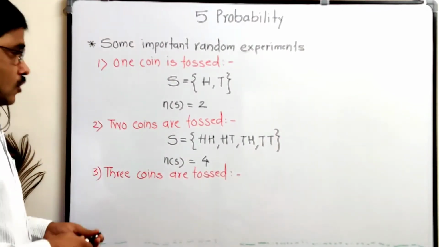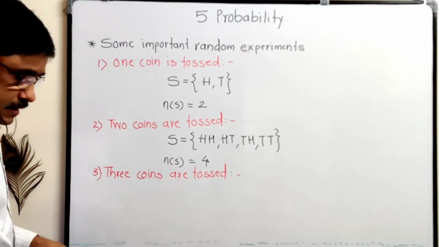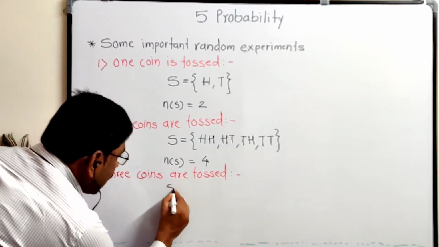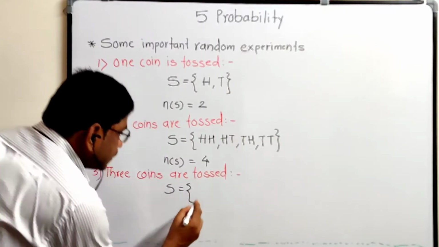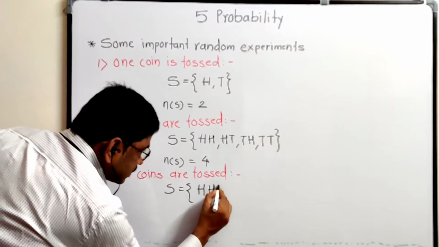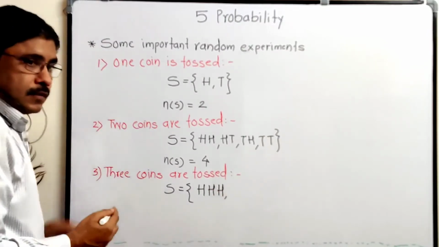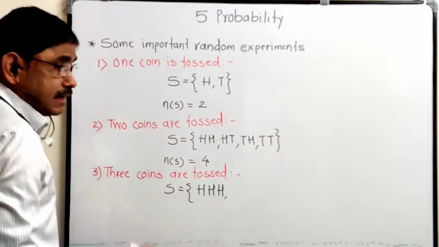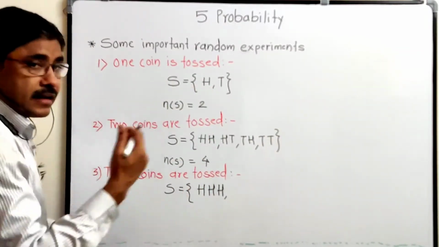If 3 coins are tossed, what is the sample space? S is equal to, how to write it? Remember, starting from H, then write T here, then T here, then T here, then T, and again write H.